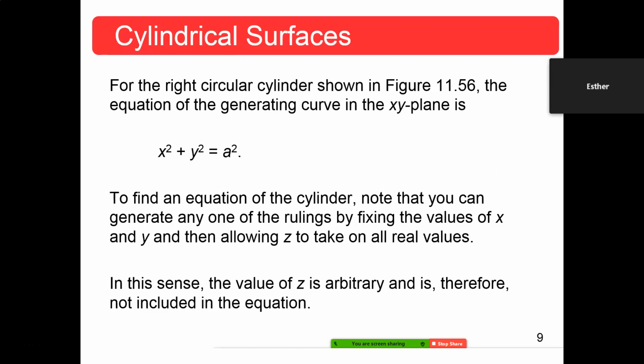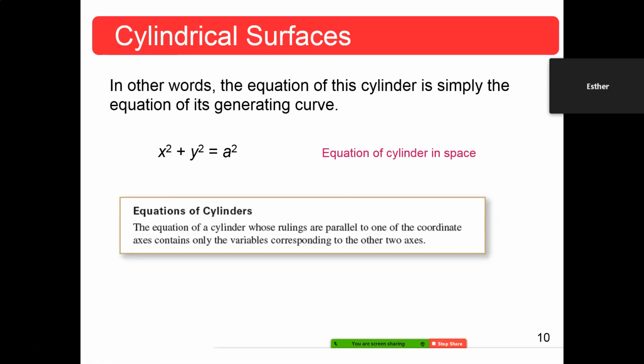In that sense, the value of z is arbitrary, therefore not included in the equation, because z takes on any value in the world. x and y have to be restricted to that circle in the xy plane. In other words, the equation for the cylinder is simply the equation of the generating curve. x squared plus y squared equals a squared.